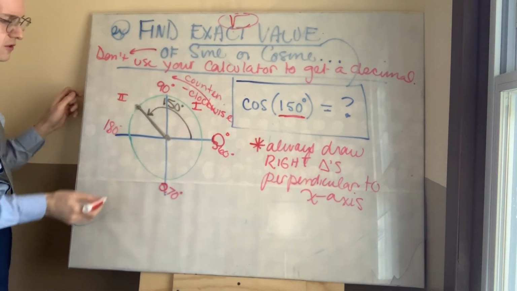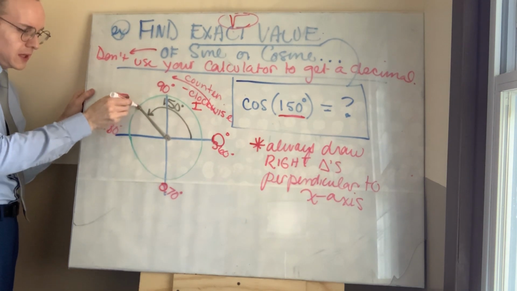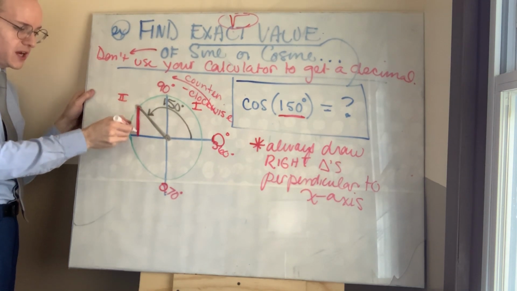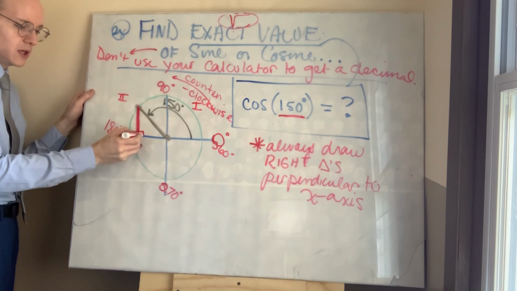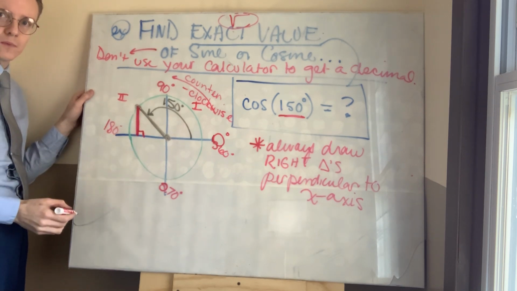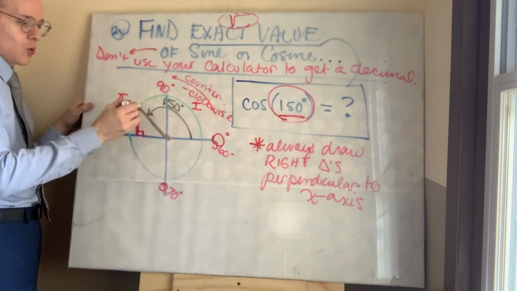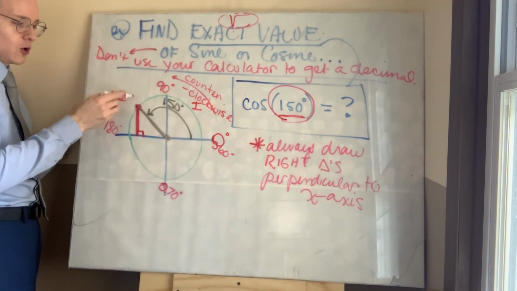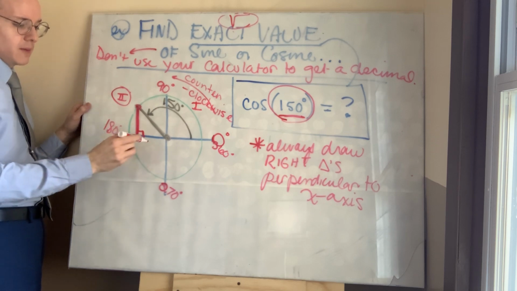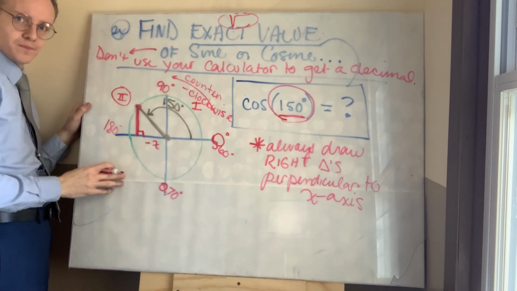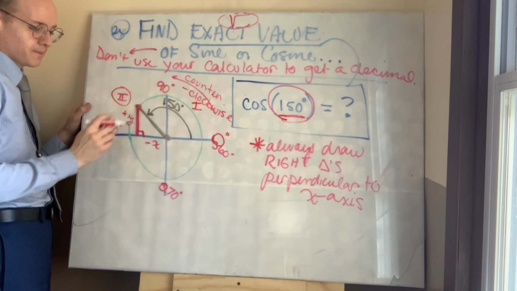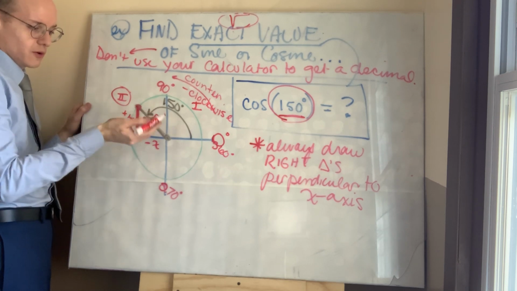So to complete this drawing, I'm going to draw a vertical line down to the x-axis, and now I have a right triangle. All I needed this number for really was just to orient it into the correct quadrant. Why? Because that makes this a negative x, and that makes this a positive y. And R is what R is.